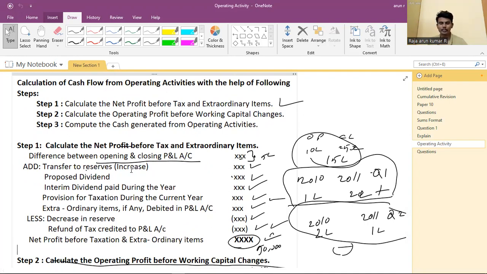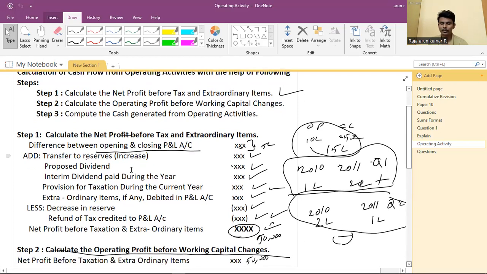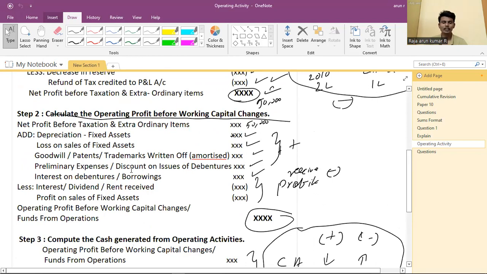First step, net profit before tax and extraordinary item. Then second step, operating profit before working capital changes. In this step, I tell that the depreciation, loss of fixed asset.